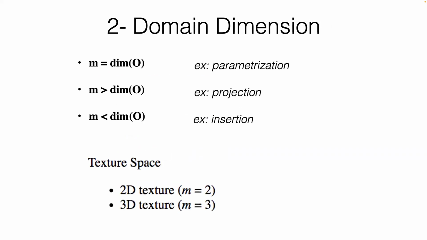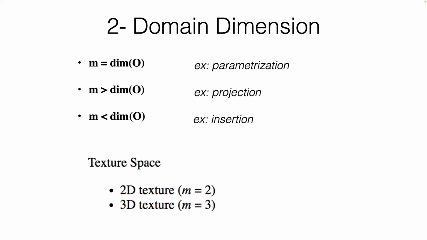And then you have the domain dimension, because the dimension of the texture can be the same as the dimension of the surface of the object, or can be higher or lower, right? When the dimension of the texture is the same as the dimension of the object, then you have a case of parameterization, as I mentioned before. When the dimension of the texture is greater than the dimension of the object, then you have a question of projection.